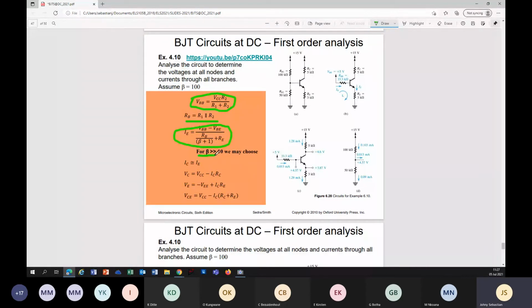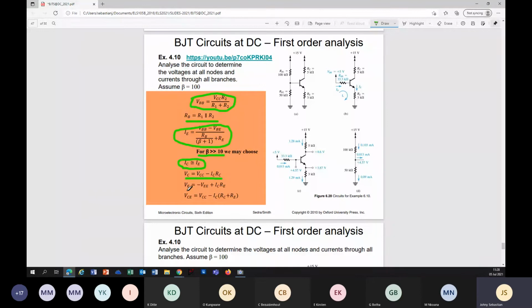When beta is very much greater than 10, this is going to save you a lot of time. Collector current is nearly the same as emitter current. Voltage at the collector is VCC minus IC RC, which remains the same.